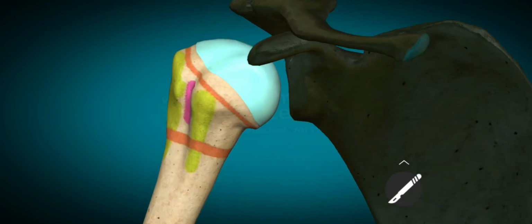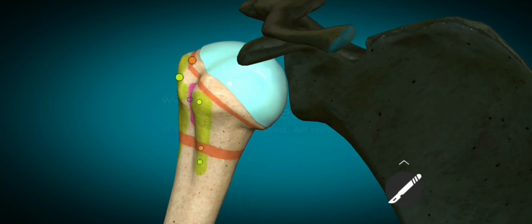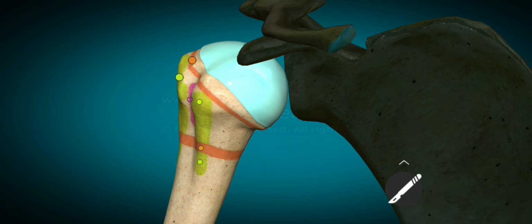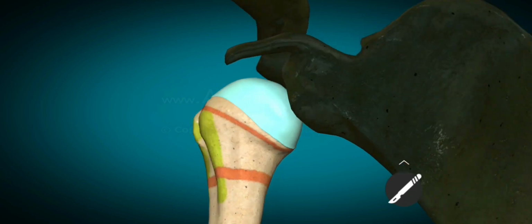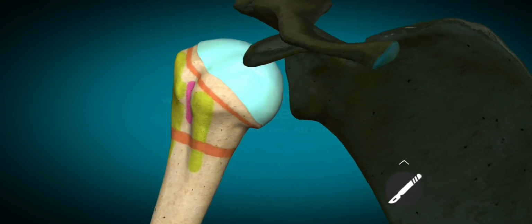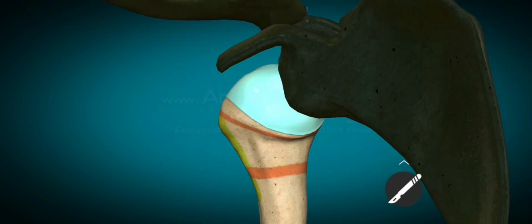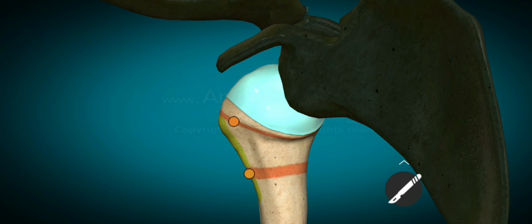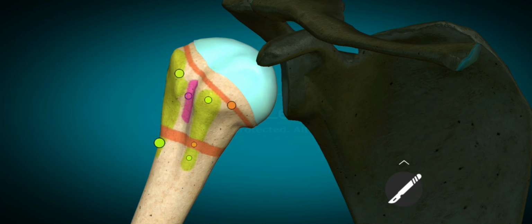Just below the head, there is a slightly constricted area. This slightly constricted area is called the anatomical neck of the humerus, and it is more prominent below. You can easily appreciate it at the lower circumference of the head of the humerus, rather than above the circumference.